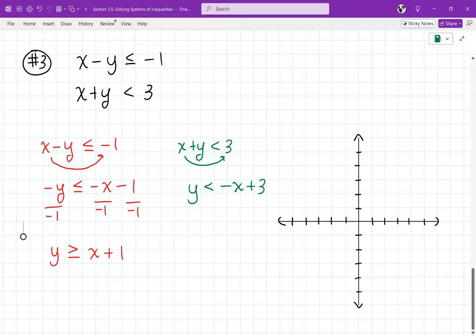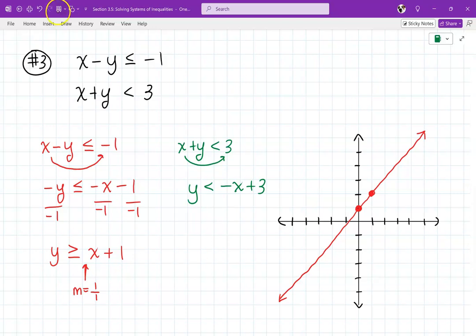I don't know if you guys like doing these, but these were always my favorite type of things. So, all right, the red equation, y greater than or equal to x plus 1. So I'm going to start at 1. What is the slope for the red equation? Yeah, 1 over 1. You can't see it, but it's right there, right? M is 1 over 1. So I'm going to go 1 up, 1 over. And according to the inequality, greater than or equal to, it's a solid line. And shading above, right?